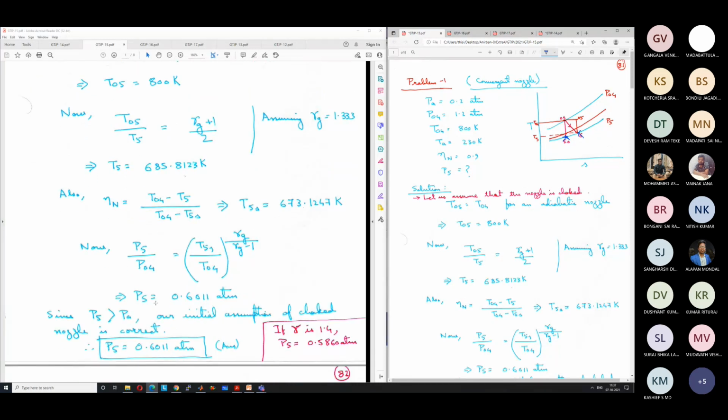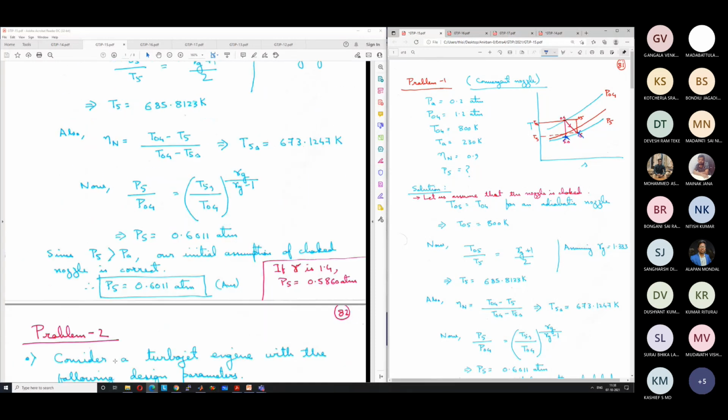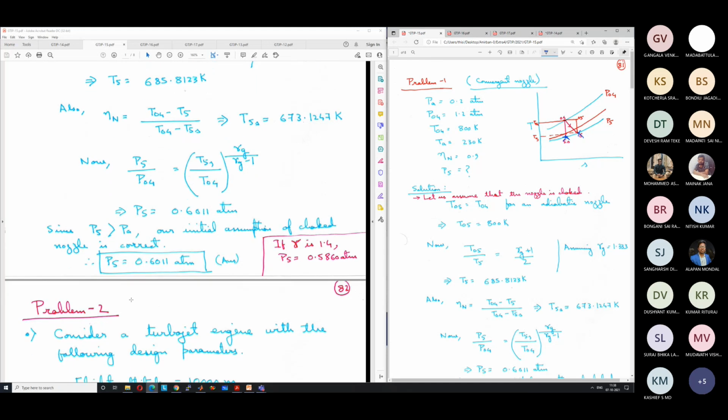If you plug in the value, P5 will come as 0.6011 atmosphere. So as P5 has come greater than 0.2, okay, our initial assumption is correct that the nozzle is choked because P5 is greater than atmospheric pressure. So this is the final answer, that P5 is equal to 0.6011 atmospheric pressure.